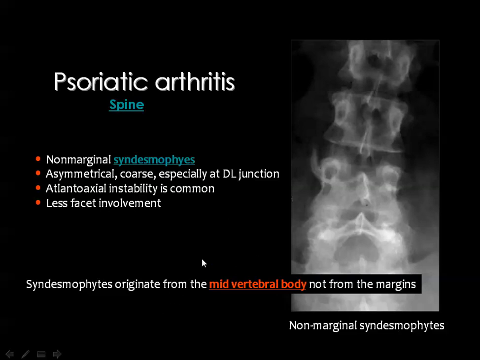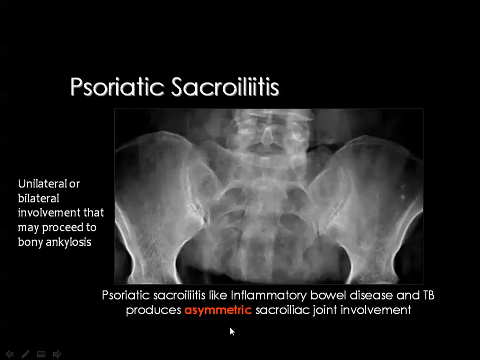But in rheumatoid arthritis, you get more involvement of the facet joints, especially those in the cervical spine, as you remember. Then affection of the sacroiliac joints is also seen in cases of psoriatic arthritis.